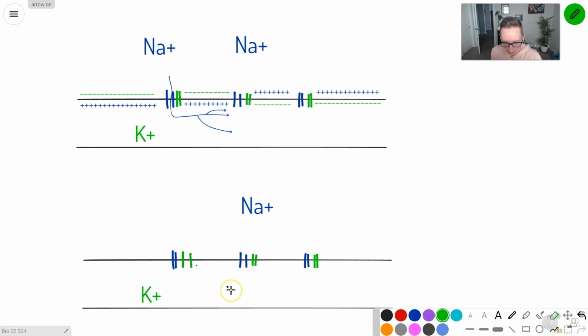So this is still positive. So as that opens, it's going to start to drain away. This would be positive, and this would be positive. But now over here, it's actually flipped back to the way it should be. Back to good old resting, what we call resting membrane potential.